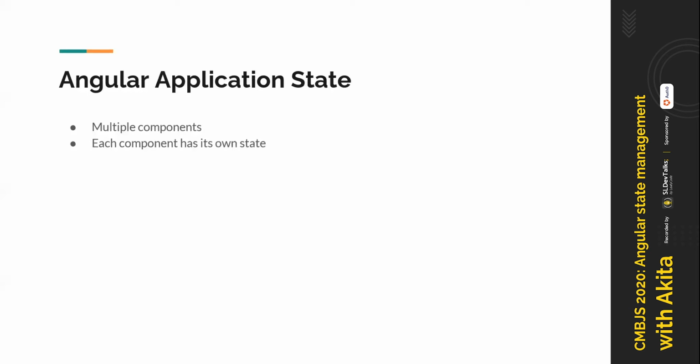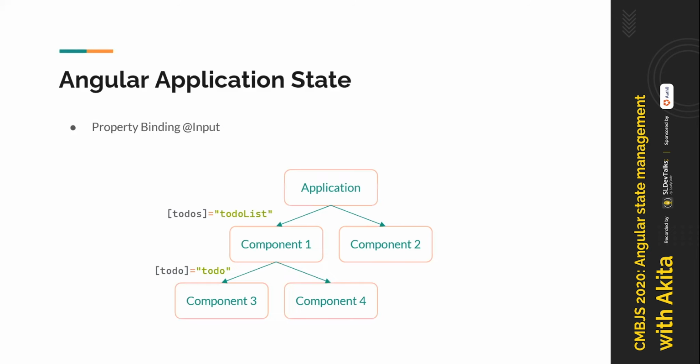In the Angular application context, since Angular has multiple components and each component has its own state, Angular application state is a bit more complex than a regular application. So what if we need to communicate between all these components? What are the methods available? The first one would be property binding.